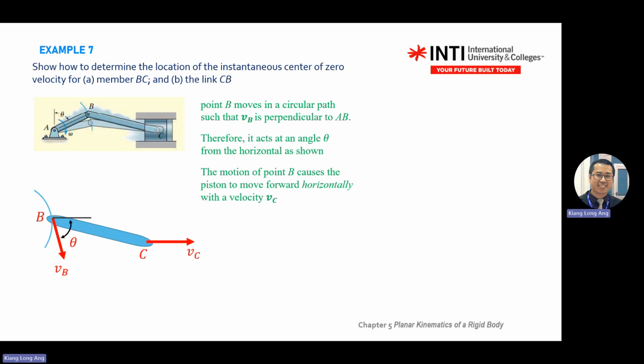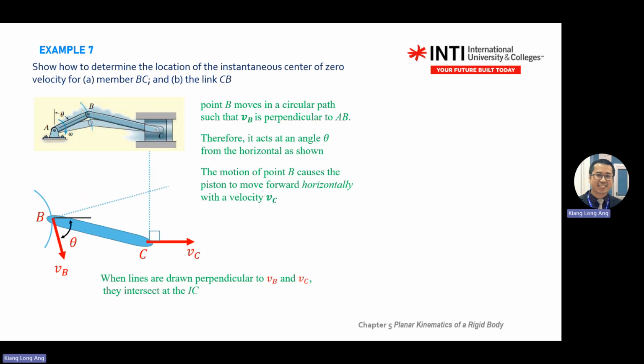The rest you can read, but what is important is you know how to draw the red arrows. Then how to find the IC. Very direct. Once you draw the red arrows, use your ruler. Move your ruler end to the point. As long as you get 90 degrees, just draw. Same with C, move your ruler, touch point C, draw.